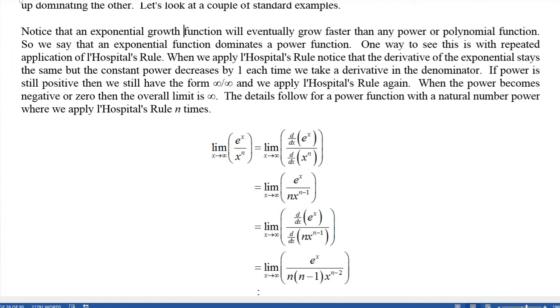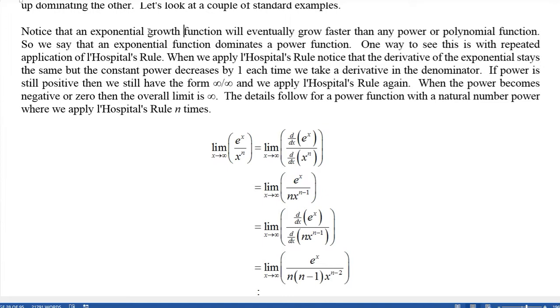If that power is already a negative power at this point, or the power is 0, so it's a constant function in the denominator, then the numerator goes to infinity, and the whole thing goes to infinity. If that's not the case, then you do L'Hopital's rule again. Eventually you get down to a linear derivative, and you get a constant function in the denominator, or you get a negative power in the denominator. Either way, the whole thing is going to go to infinity.